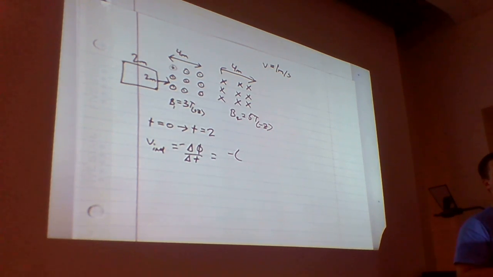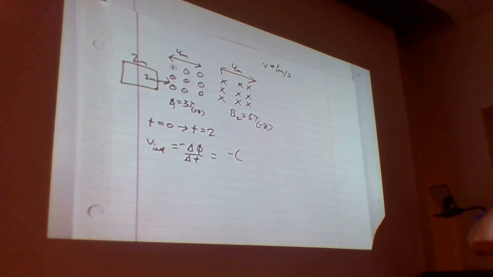Anybody? What's the final flux? What was the equation for flux? That will help. Magnetic field times area. Okay, so magnetic field times area times cosine of the angle.